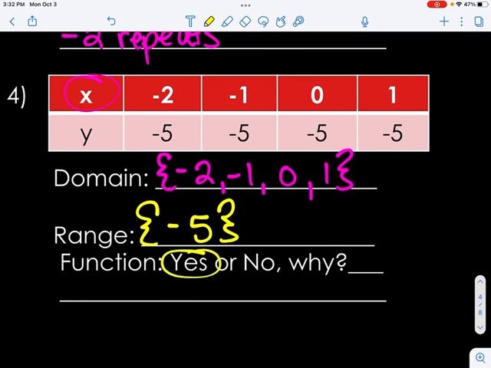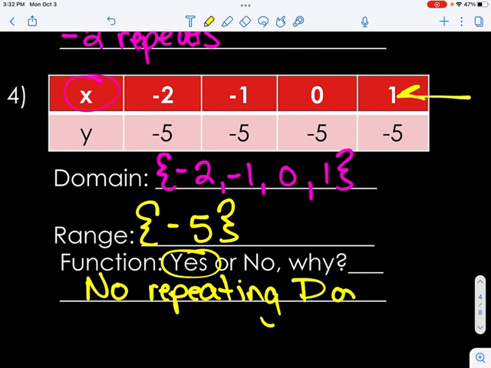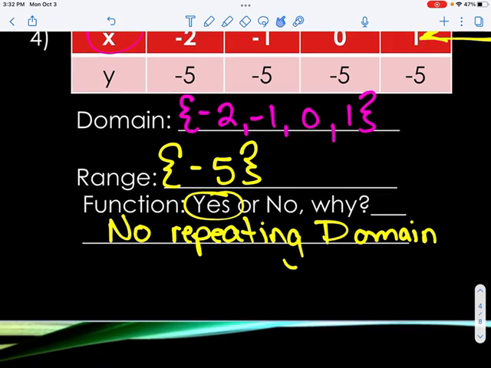And the reason for that is if you look across your domains, all of these x's, none of them are repeating. So this is no repeating domain. Why? Because every domain maps to exactly one range. Doesn't matter that it's the same range, but they all map to exactly one.